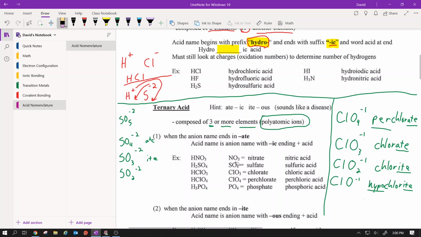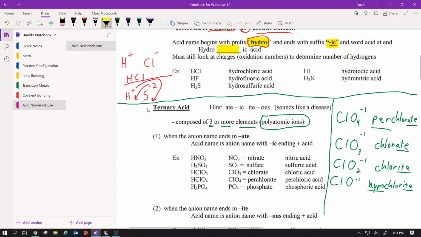I want you to understand the basis of this naming. Whatever your ate is, if you go up one, it's going to be a per. If you go down one, it's going to be an ite. Down another, it's going to be a hypoite. And the reason that matters is because your ates and your ites will come into play here.